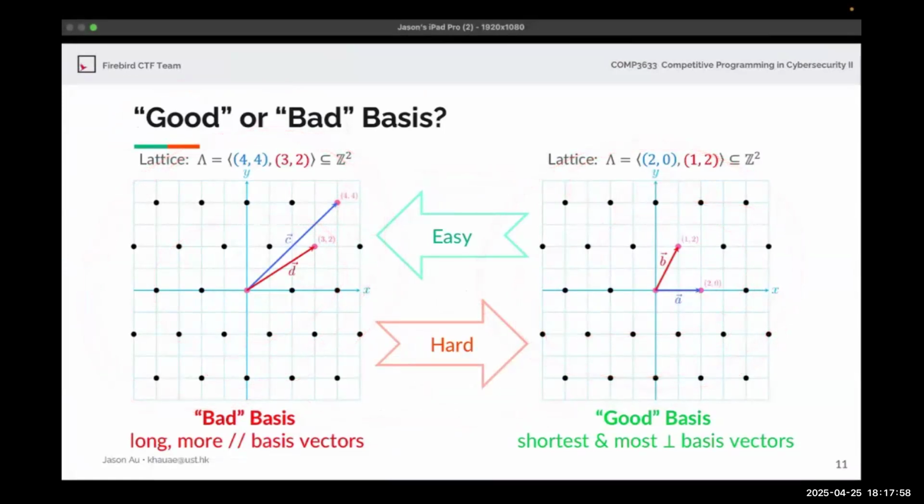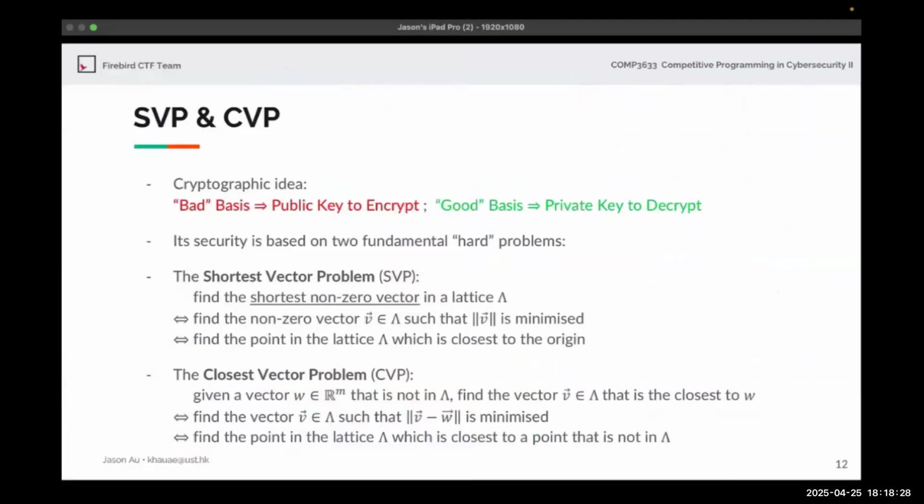We have the private key and generate a public key, which is public to all the others to encrypt their message. And the public key is used to encrypt the data or the message, and it's very difficult to recover the private key. So it only allows the people owning the private key to decrypt the message. This is the cryptographic idea behind this math problem.